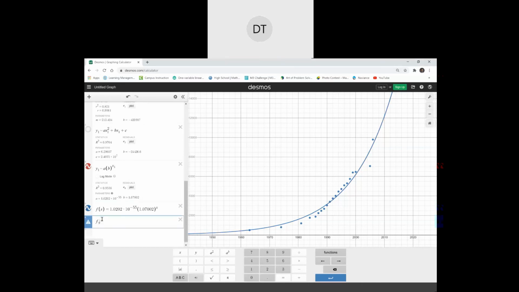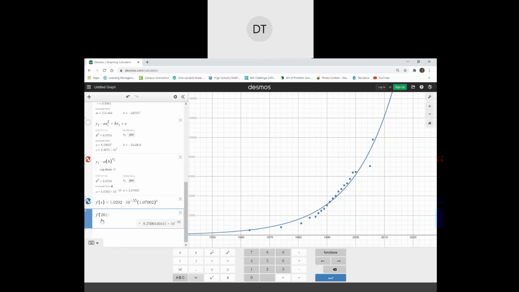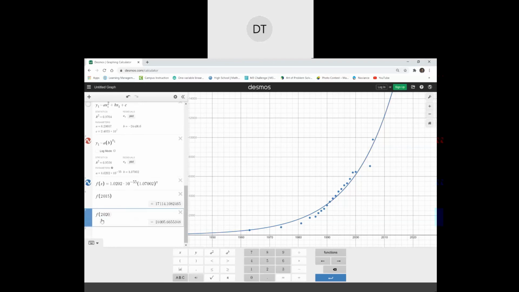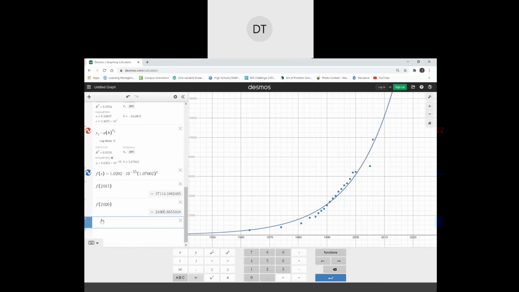Okay, since we wrote this as a function, we can just type in f of 2015. So f of 2015, this tells us how many nesting pairs there are in 2015. So based on this model, it would be 17,114 pairs in 2015. The next model we want to know is 2020. So based on this model, in 2020, there should be roughly 24,005 pairs in the lower 48 states.